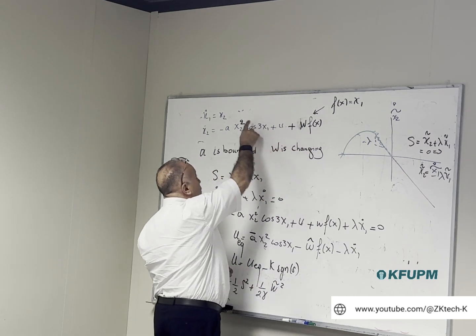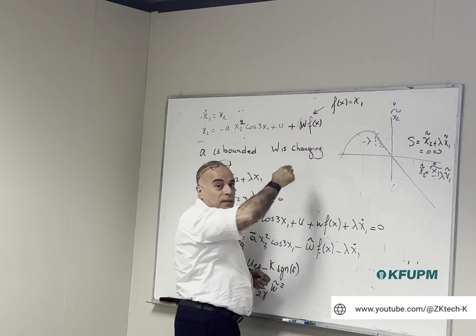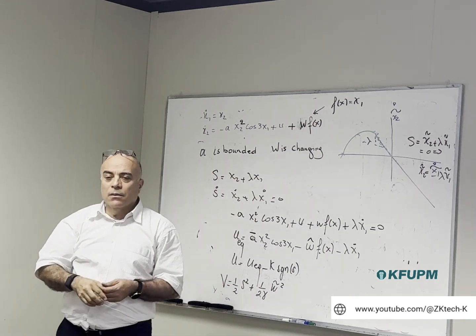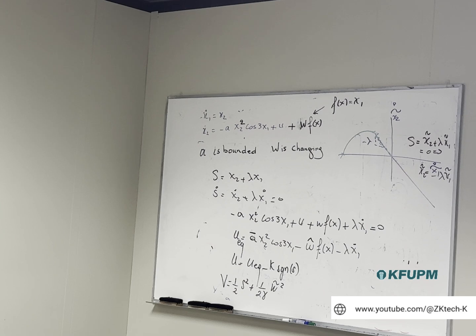So this W multiplied by f of x represents for me all the unknown dynamics of the system. I know part of the dynamics, but there are parts that I neglected or am not able to model. But I know it's not linear, so I will approximate it by a sum of many nonlinear functions. For example, the effect of the elevators on the dynamics of the airplane is nonlinear.